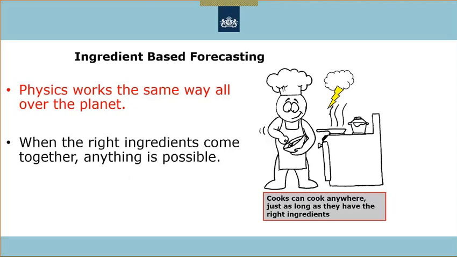So in the past we tended to use all kinds of indices as a sort of estimate of the instability of the atmosphere and so on. But in this method, you are able to really combine ingredients. You can see the cook cooking in his kitchen, and he is using all kinds of ingredients to make a nice supper or dinner.